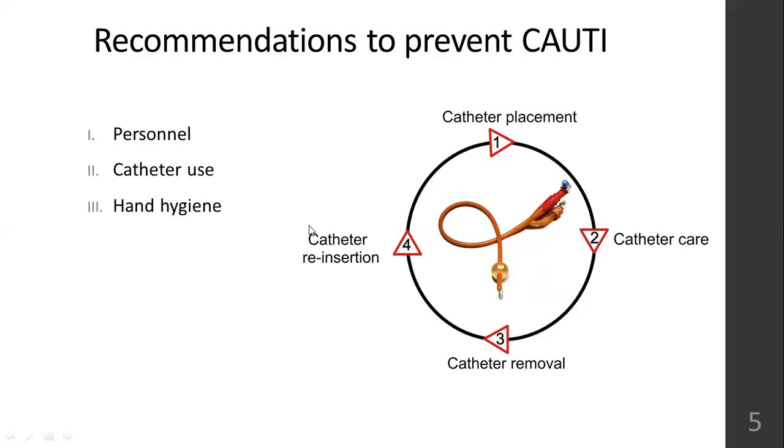Hand hygiene is very important. Very simple, but the single most effective solution to prevent any form of hospital-acquired infection is hand hygiene. The 5 moments of hand hygiene have to be followed before and after the catheterization procedure.